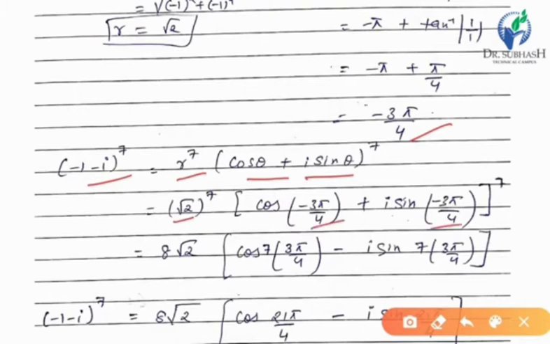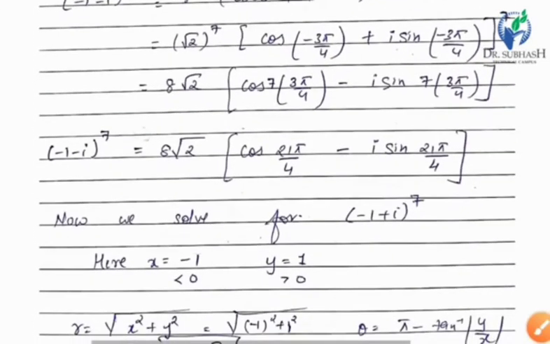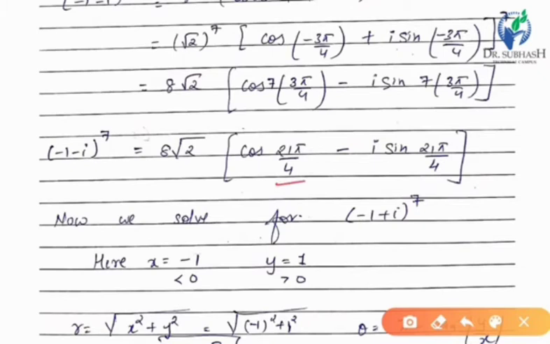Now, according to De Moivre's formula, we can put this 7 beside this angle. This is De Moivre's formula. Now, root 2 raised to 7 will be 8 root 2. I will multiply this 7 here, both sides of sine and cos with the angle. So I will get here 21 pi by 4, cos 21 pi by 4 plus i sin 21 pi by 4.